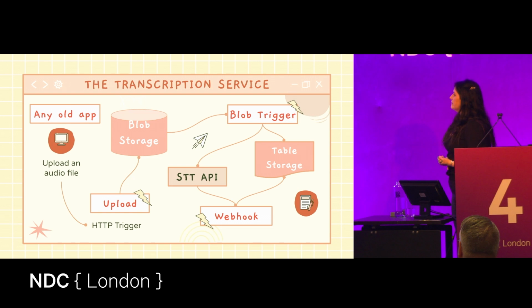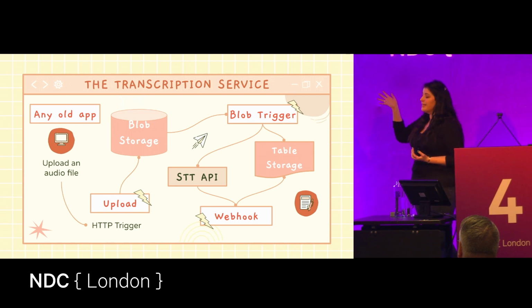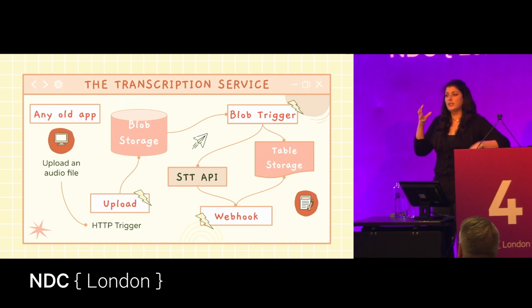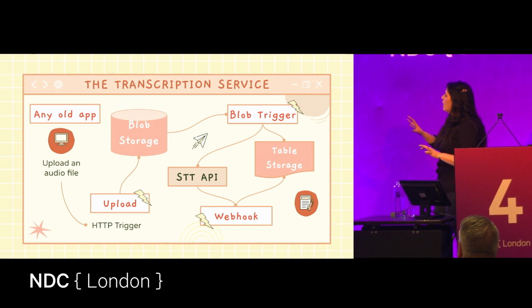So we have this system, and we've got any old app that can take a recording in, and then we can upload an audio file. That's on an upload function, and that function will just take that streamed data and save it to blob storage.